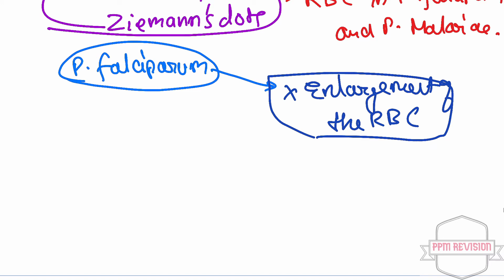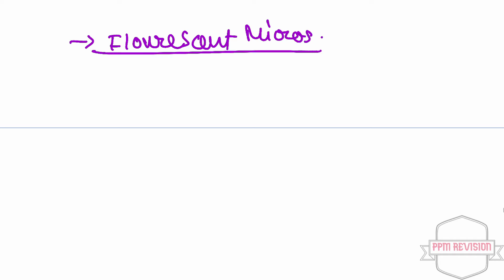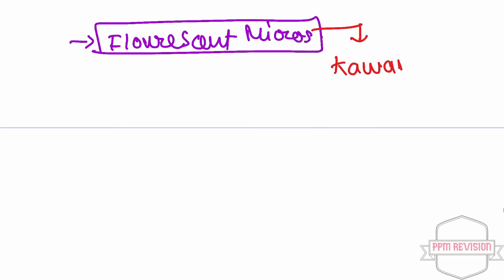Another criterion would be to see under the fluorescent microscope. So that is also a possibility. Fluorescent microscopy can be used, and to be more specific, it uses the Kawamoto technique.